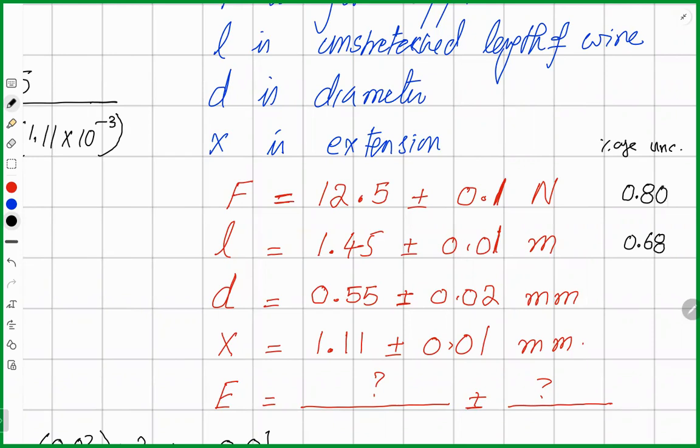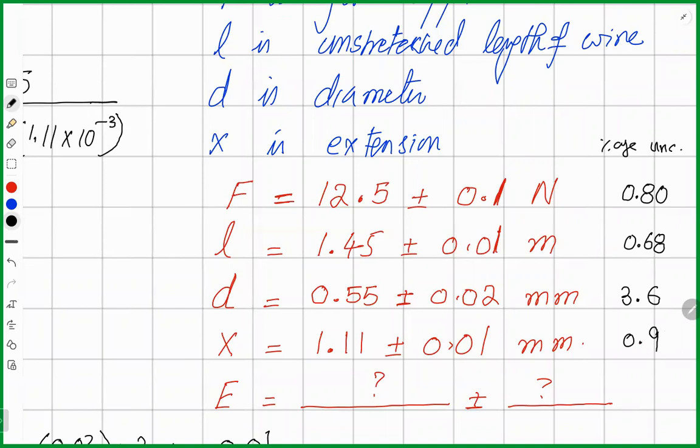Good. 0.02 divided by 0.55. 3.6. And for X, 0.9.